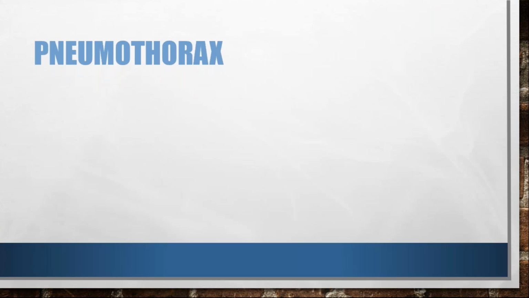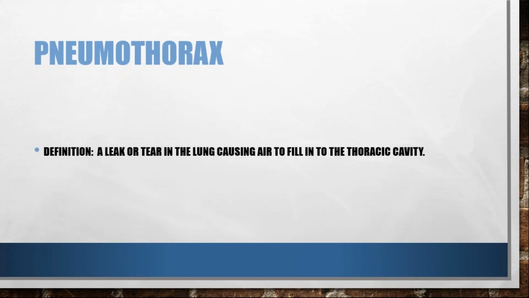Next, talking about a pneumothorax, a couple of different variations: a simple, a tension pneumo, and then also a hemothorax. What it is, is a leak or a tear in the lung causing air to fill inside that thoracic cavity. And where we see a pneumothorax go into a tension pneumothorax is that so much air and so much pressure gets built up inside that thoracic cavity that it actually collapses that lung.